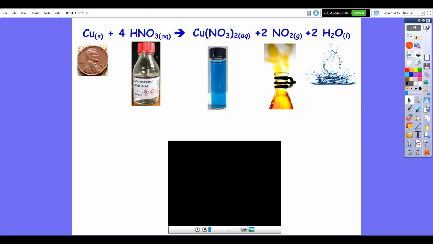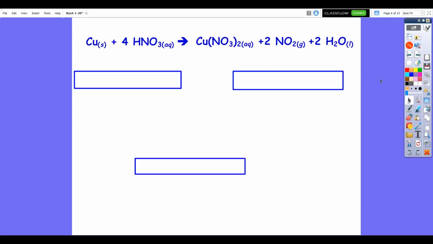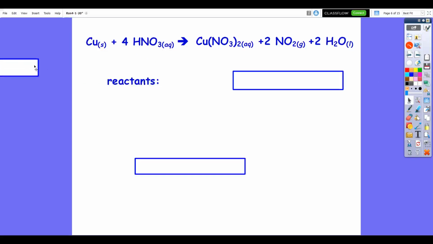All right, so the different parts. We have stuff on the left, an arrow, and stuff on the right of the arrow. So we always start with reactants.